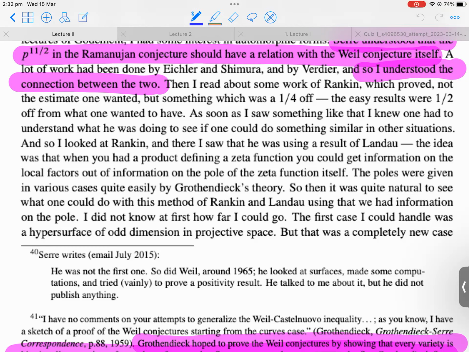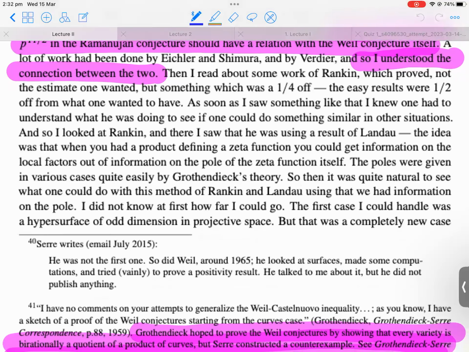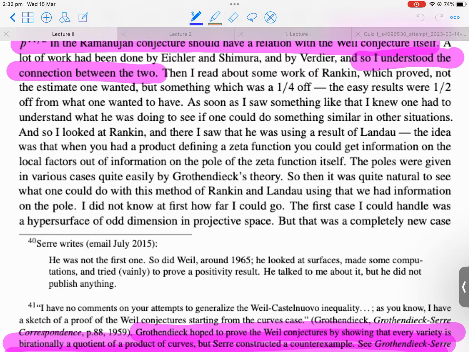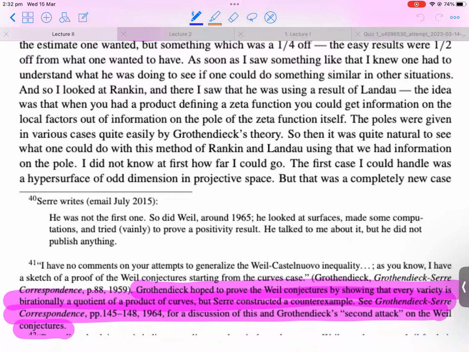But that was the decisive step, which started from Serre. And once he got interested in the Weil conjectures, he got Grothendieck interested. Here's Serre's comment about Grothendieck: Grothendieck hoped to prove the Weil conjectures by showing that every variety is birationally a quotient of a product of curves. But Serre constructed a counterexample.